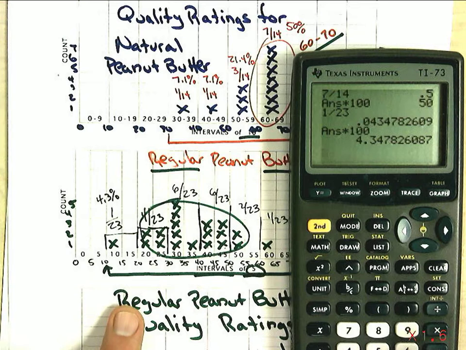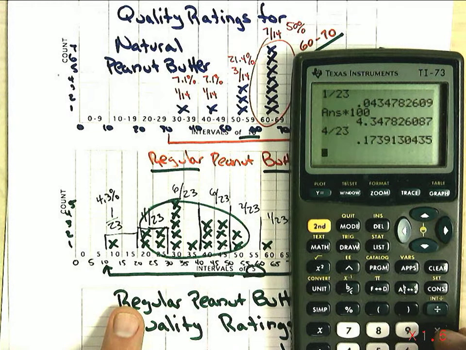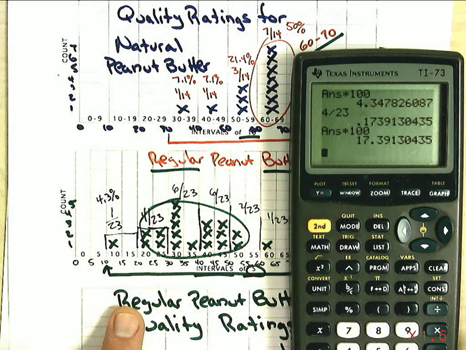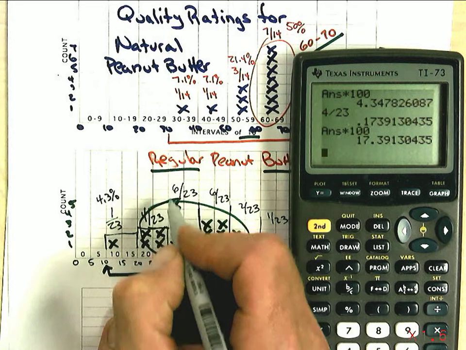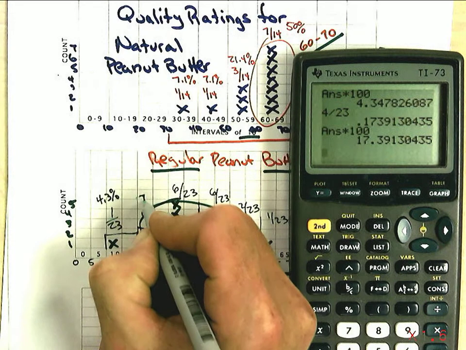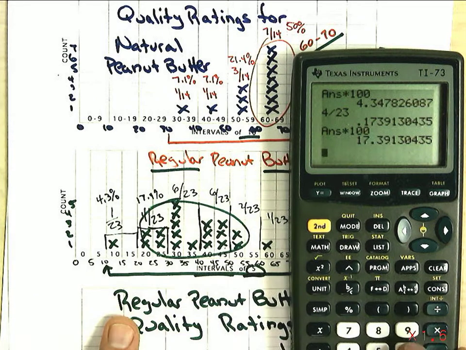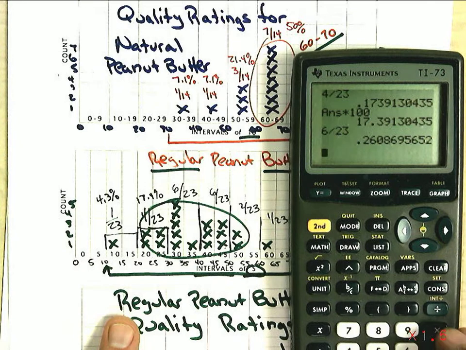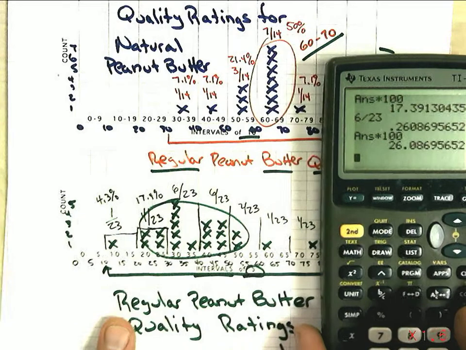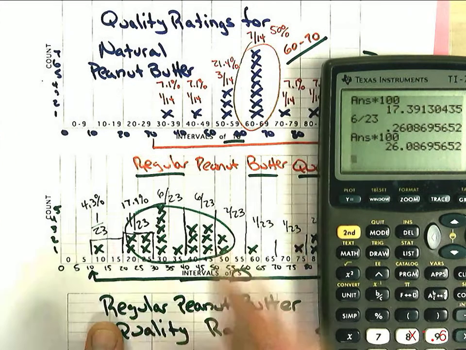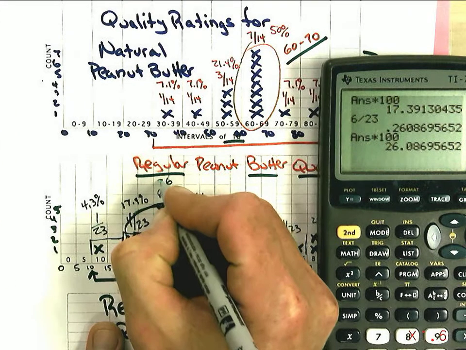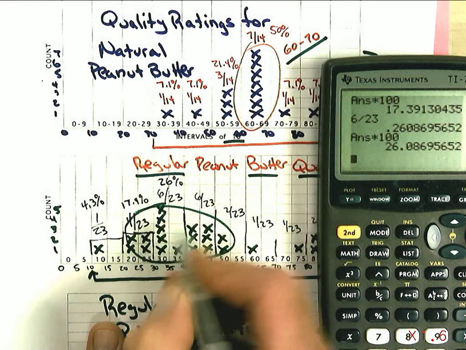And then 4 divided by 23 is 17.4%. And 6 divided by 23 is 26%. So we have 2 of those, 26% of the data is right here.